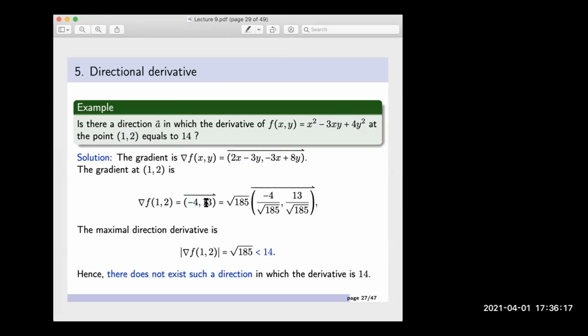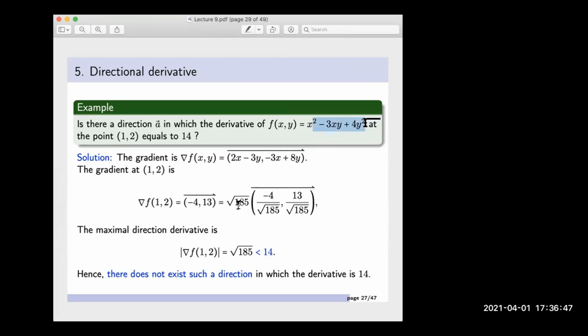So this is a vector, and you can calculate its length by the Pythagorean law. Its length is the square root of 4 squared plus 13 squared. That would be 185. So this square root of 185 is the length of the gradient.